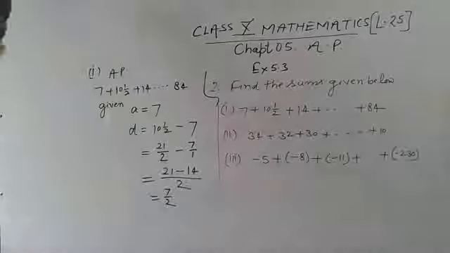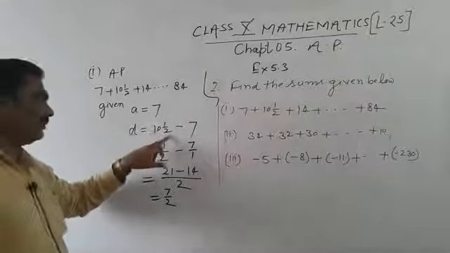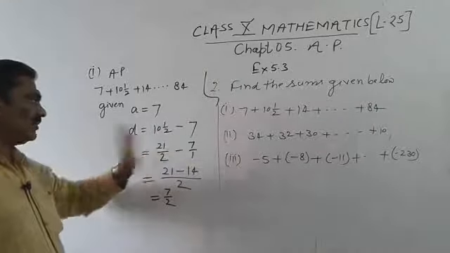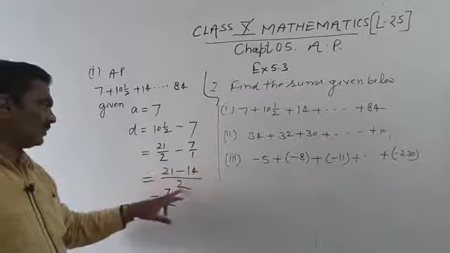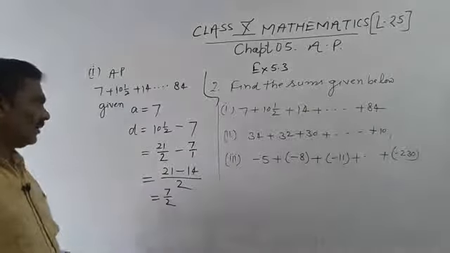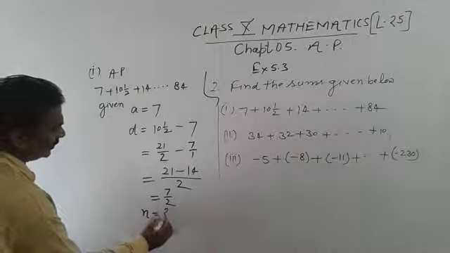Students, we have first term 7 and d equals a2 minus a1, 10 1/2 is 21/2 minus 7, LCM 2, and we have to find n, question mark.